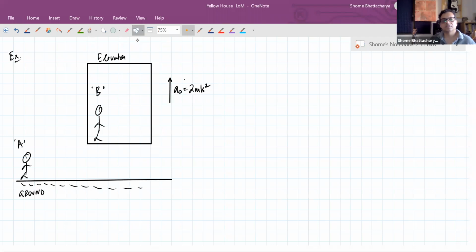Now inside the elevator, we have a box suspended from the ceiling.